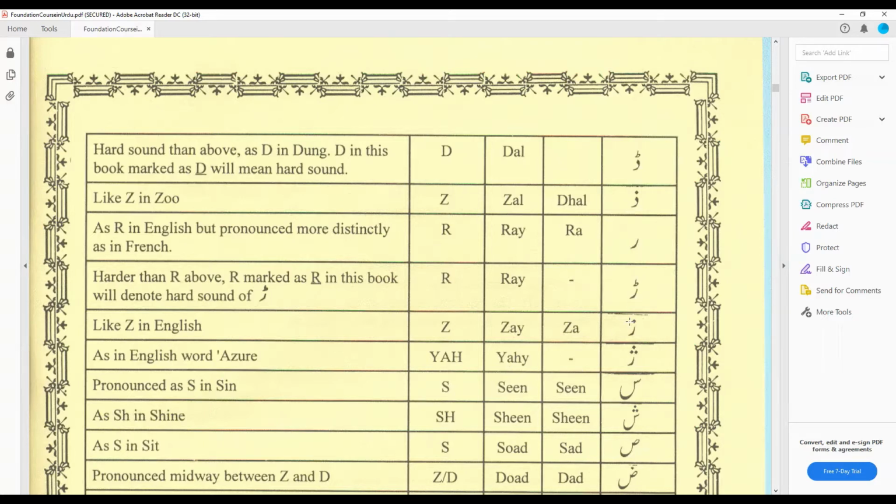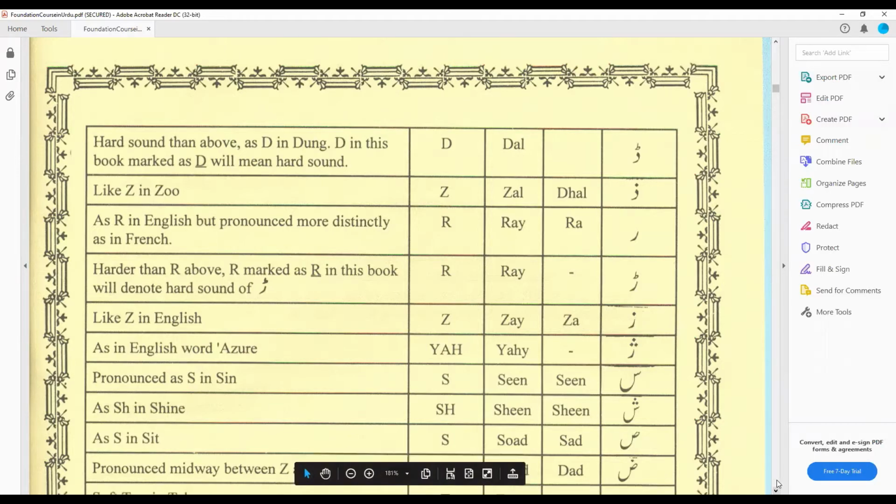Ray, Zay, and Say are the same family, with the same shape. Just the difference: Ray is blank, Zay has one dot, and the other has three dots.